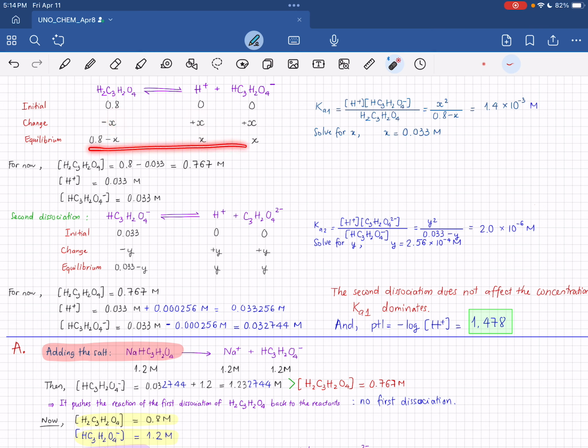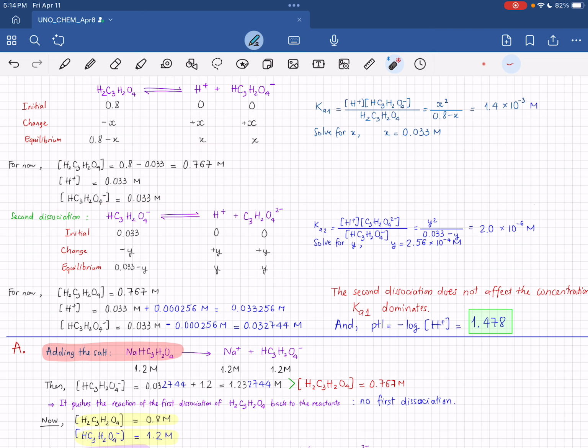Then after solving this quadratic equation, we can find x to be 0.3033 molar. So this is the concentration of the proton and also the concentration of the hydrogen malonate group. So this is after that first dissociation.